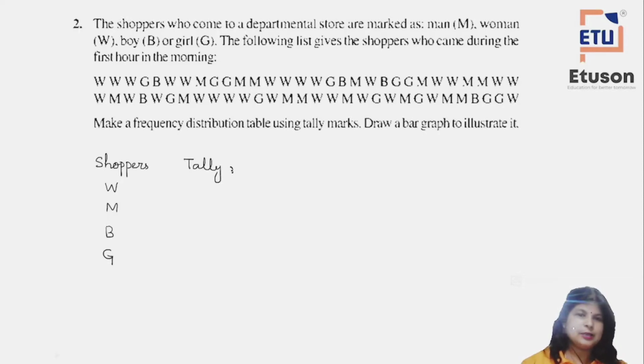You should have tally marks, and then after that you have to find out the frequency. So let us count the frequency of occurrence of each kind of shopper. Let us consider first our W. Okay, so let us take one more color for the pen so that it will be convenient to mark.